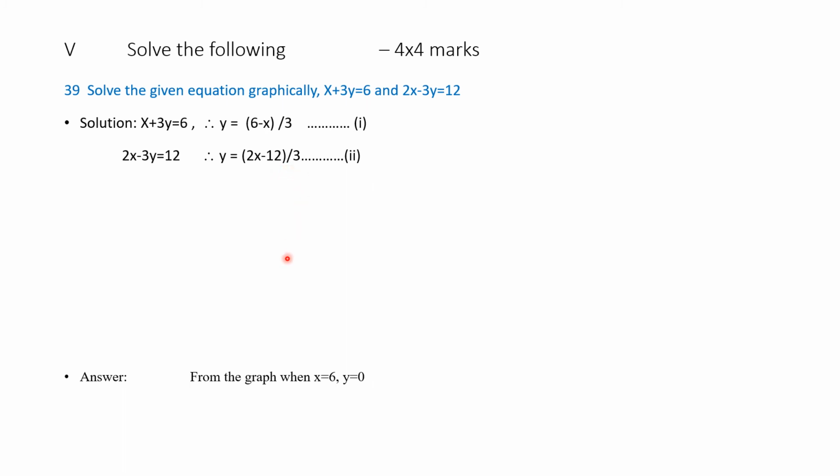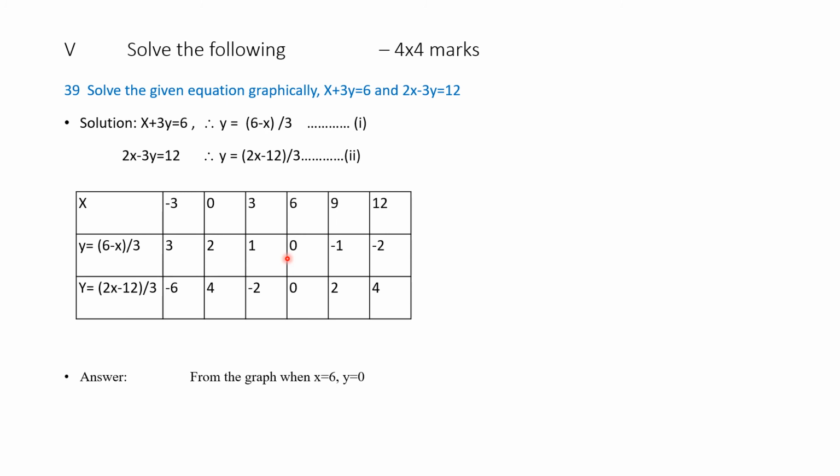So, let us find the values. We will give different values for x and find y. For the first line, y is (6 minus x) by 3. If you put x is equal to minus 3 in this, it will be 6 minus of minus 3, which is plus 9, 9 by 3 is equal to 3.